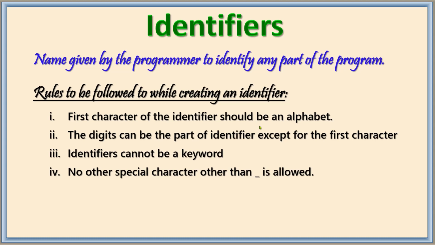Only underscore is allowed to combine with alphabets or digits to create an identifier. This underscore is always used to separate two words. In case you are giving two different words to name a part of a program, then you can use this underscore so that you can easily read the name of the part.